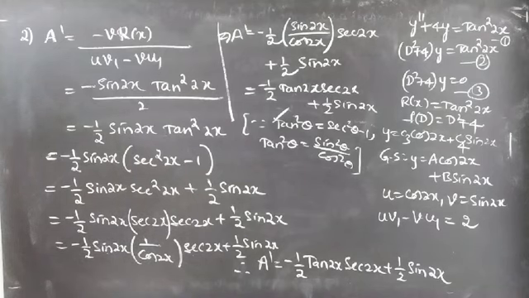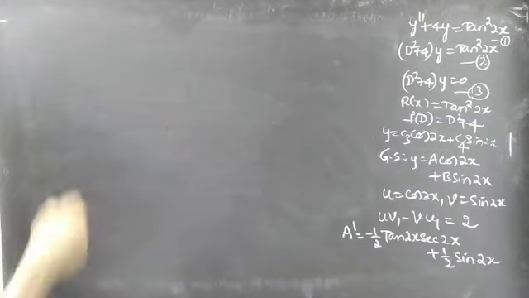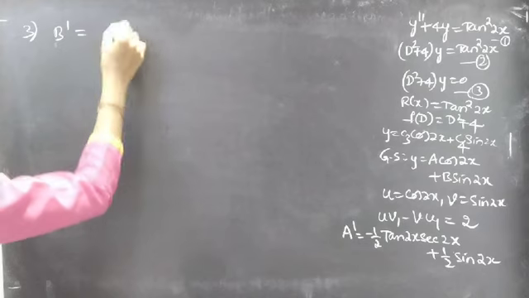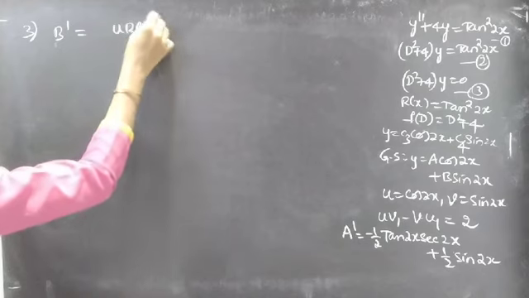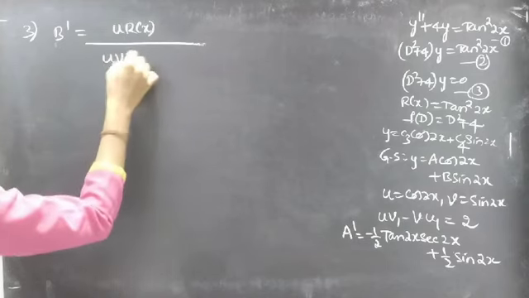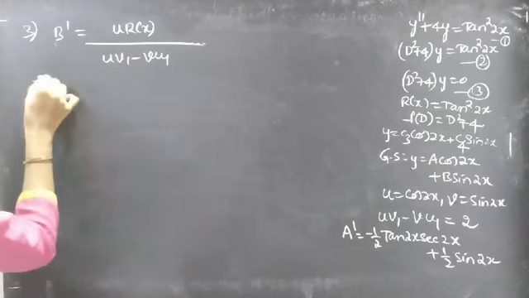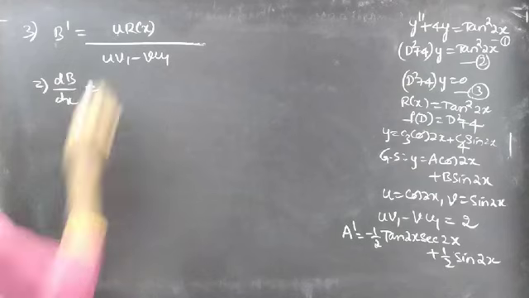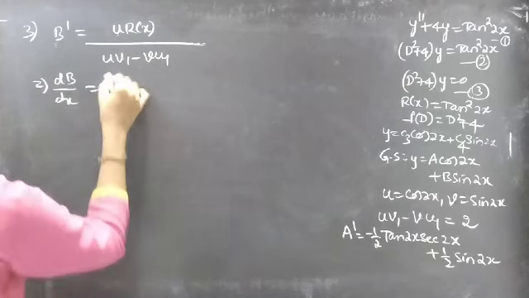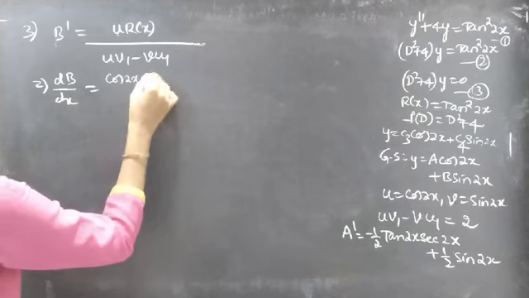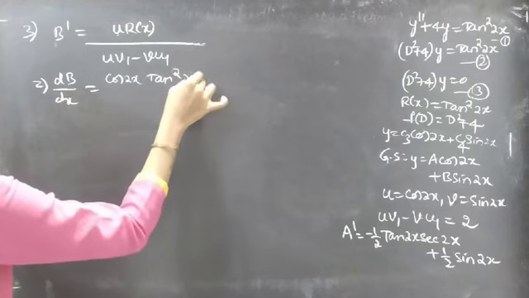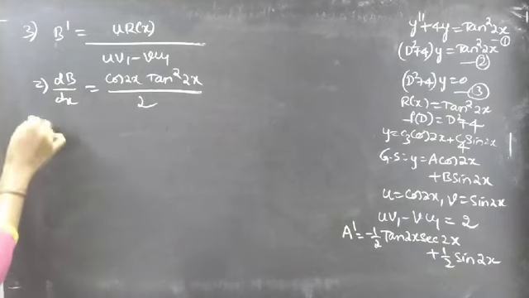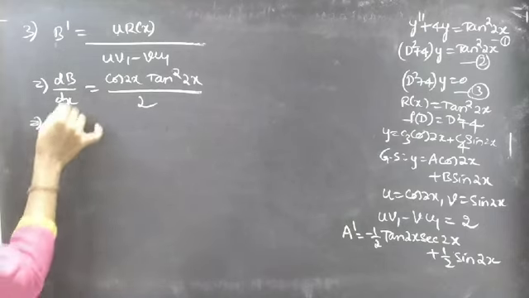Let's now find b dash. We'll find b dash using u into r of x by u v1 minus vu1. We know that b dash is nothing but the derivative of b with respect to x, equals u into r of x, tan square 2x, by u v1 minus vu1, which is 2. Now let's separate the variables by sending dx to RHS.